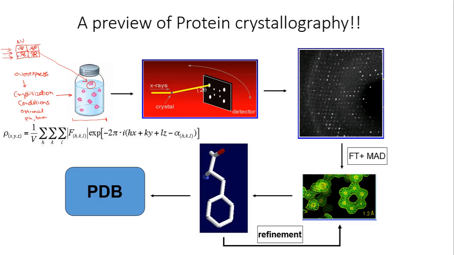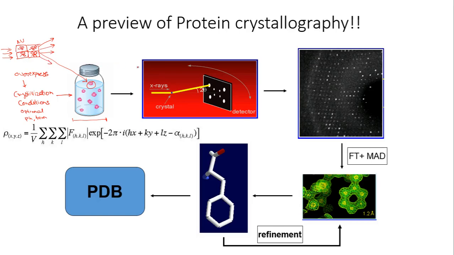Since there are atoms in your protein molecules, and these atoms have electron densities around them, due to those electron densities the X-rays would eventually diffract after being exposed to the electron densities from your protein atoms.